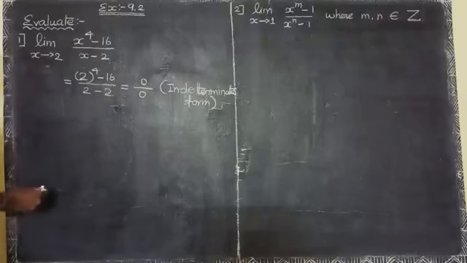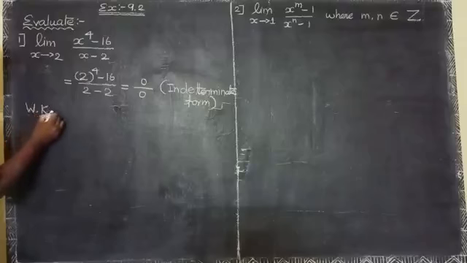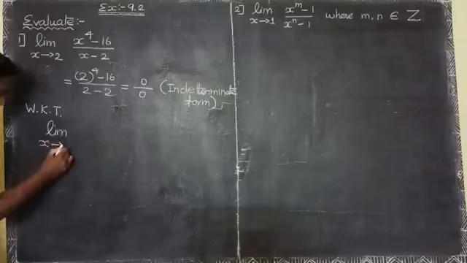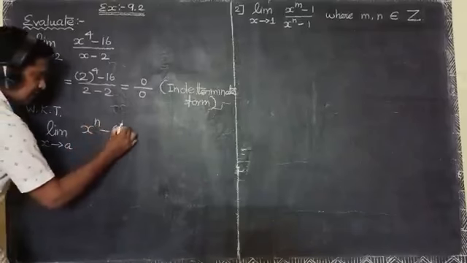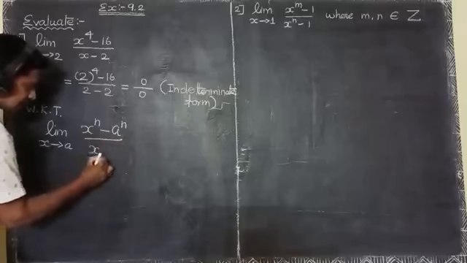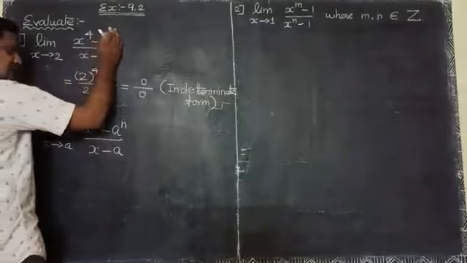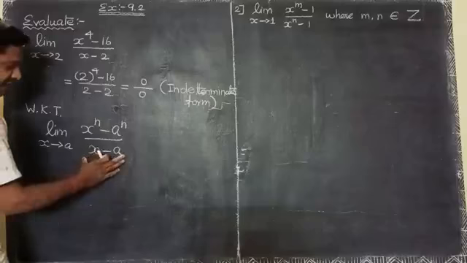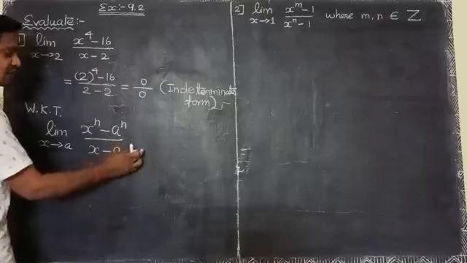Okay, here using the property, we know that limit x approaches a of (x power n minus a power n) divided by (x minus a). Any given function can be changed into this form: x approaches a, x replaced by a, a minus a, then the denominator has 0. Here numerator has 0, denominator has 0, that is 0 by 0.